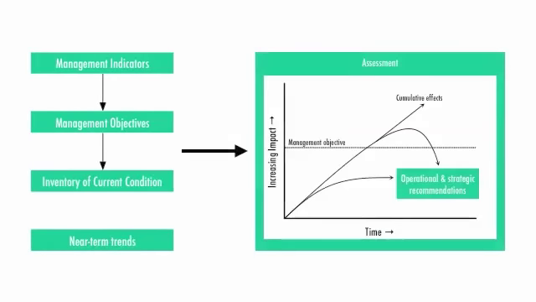So if we take these elements and put them into a figure, this is really the figure that's at the heart of doing an assessment of cumulative effects. We have impacts that tend to increase over time as more and more projects occur. But we have this management objective that we want to maintain conditions below.